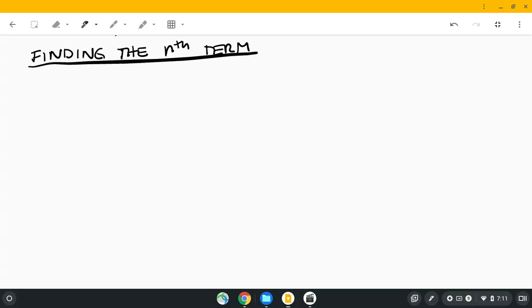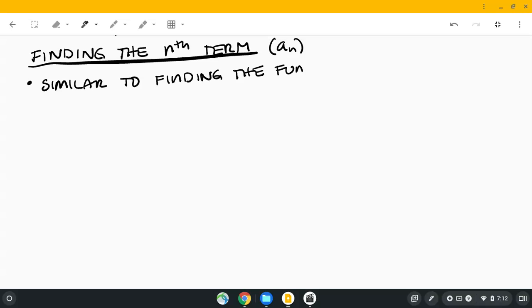So when they say find the nth term, they're asking you to find that AN formula. Finding the nth term is similar to when you guys, maybe back in middle school, were asked to find the function. You looked for patterns. Okay, so that's what you have to do here, look for patterns.